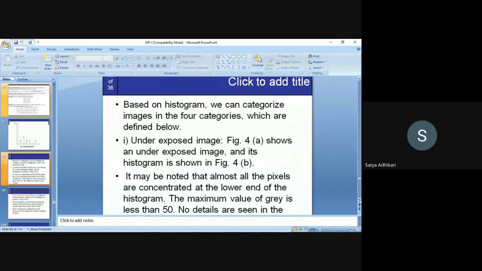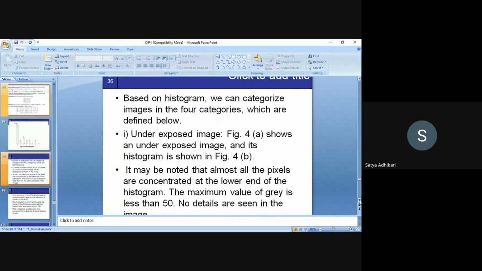It may be noted that almost all the pixels are concentrated at the lower end of the histogram. The maximum value of the gray label is less than 50. So it is darker. Less than 50 means that no details are seen in the image.